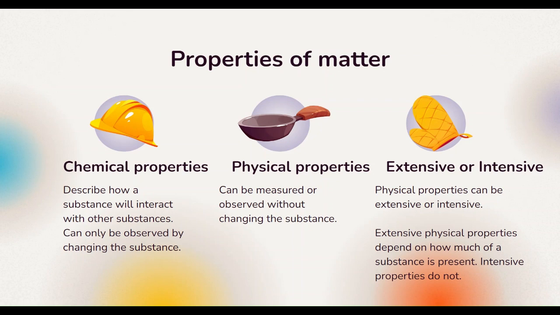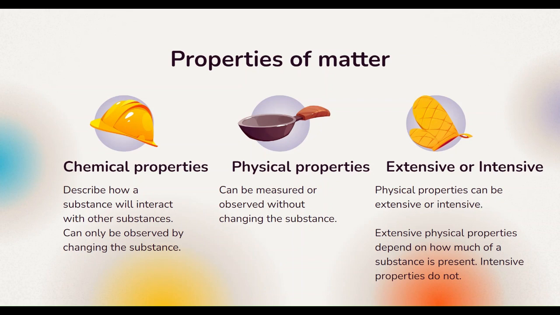Whereas our physical properties are things that can be measured without changing the substance. So physical properties can be either extensive or intensive. If we had a diagram, we would have chemical and physical, and then our physical would be broken up into extensive or intensive. So these are categories of physical properties.